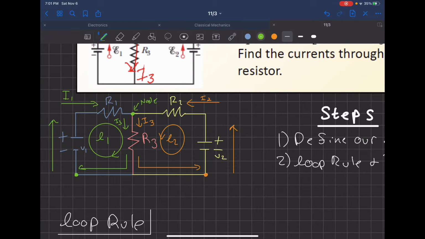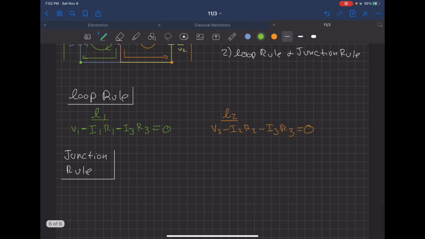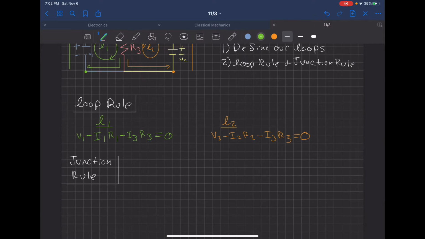As we said earlier, this right here is our node. And basically what the junction rule says is at any node, the current in must equal the current out.